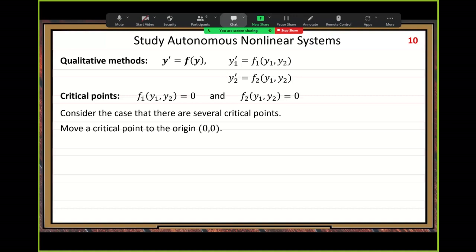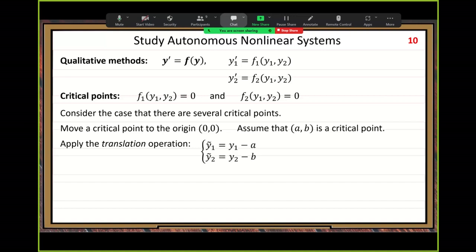That's the typical way we study a critical point. Assume that the point with coordinates A, B is a critical point. Then we need to apply a translation operation.